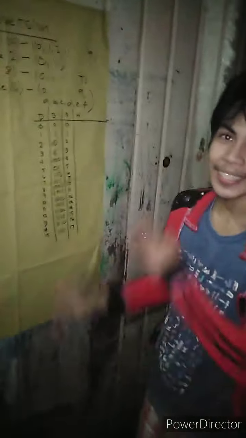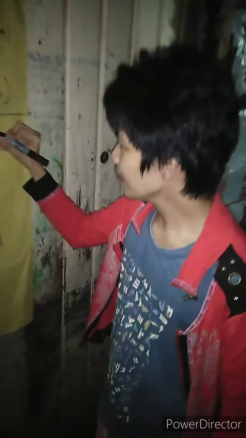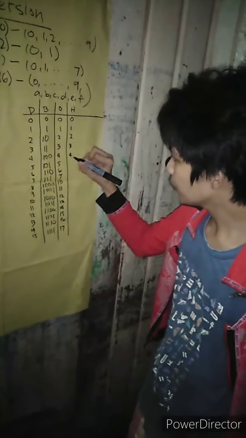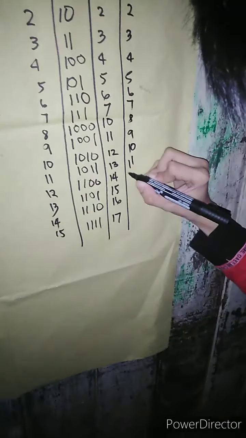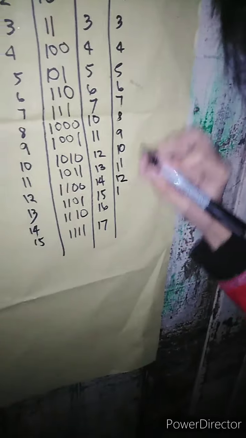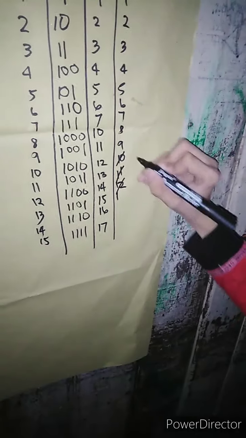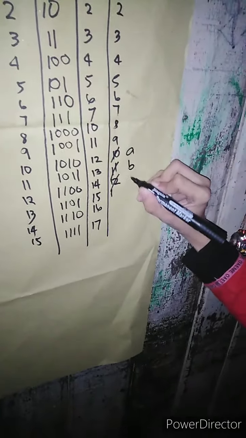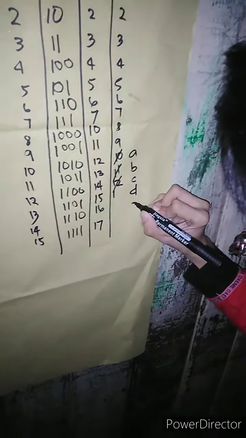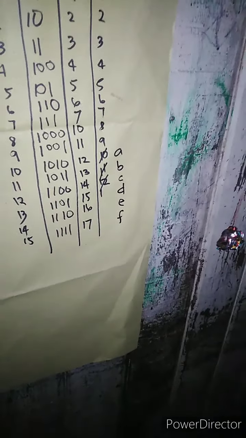For the hexadecimal, eto na yon. 0, 1, 2, 3, 4, 5. It goes along until A, B, C, D, E, and F.